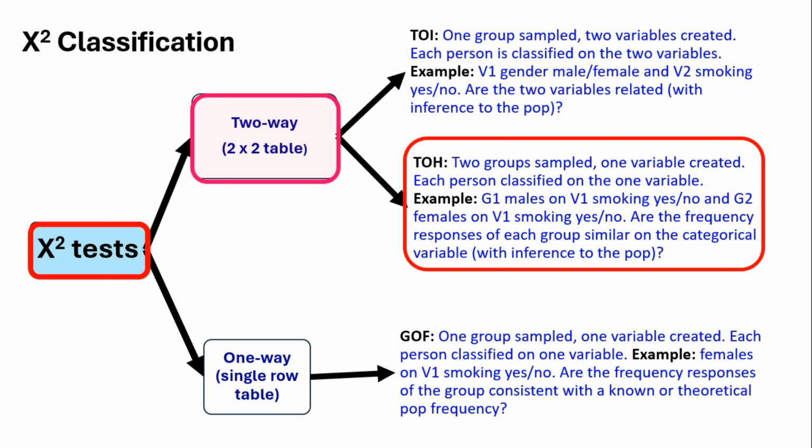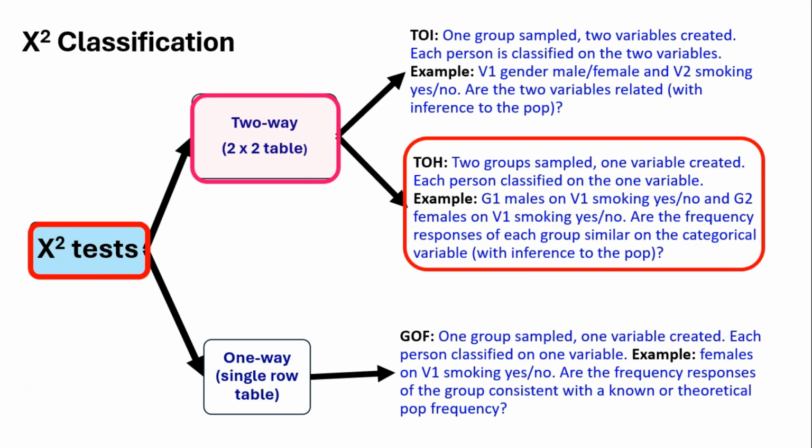So in this case, unlike the test of independence, you purposefully sampled from a group of males or a population of males only. And then each male in that sample answered the question, do you smoke or not?